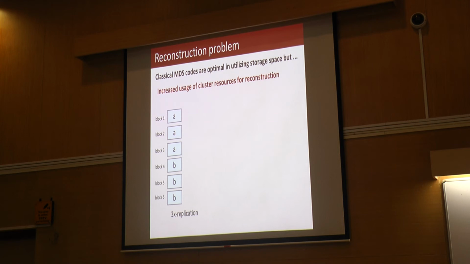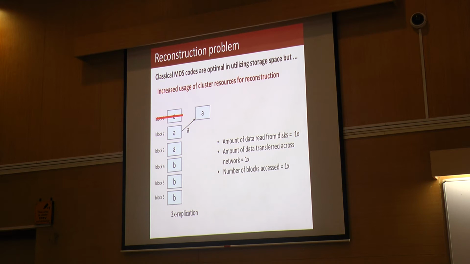In the replication world, on the left, let's say some block is lost or unavailable. We can reconstruct it by just reading from its replica, because we have a replica. So under replication, the amount of data read from disks during reconstruction is equal to the amount of data that is missing.